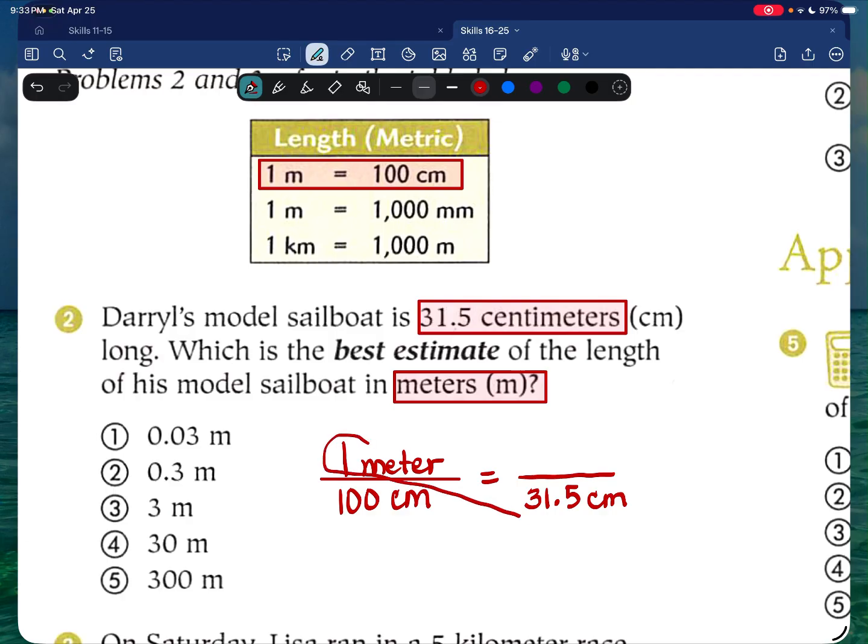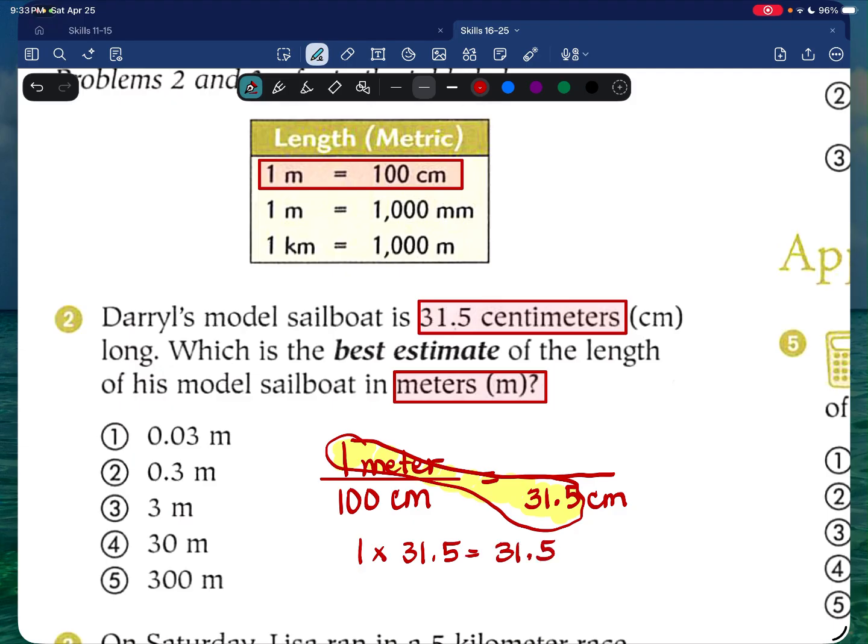So we have 1 times 31.5. Ooh, it didn't like that, did it? 1 times 31.5, and you always multiply the peanut. So 31.5 times 1 is 31.5.